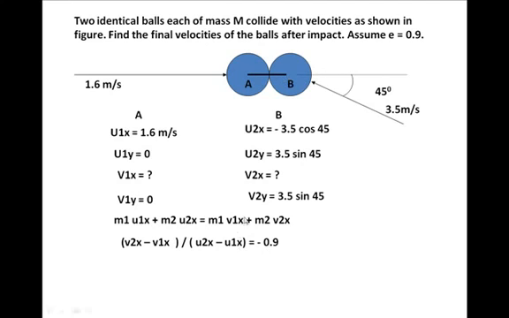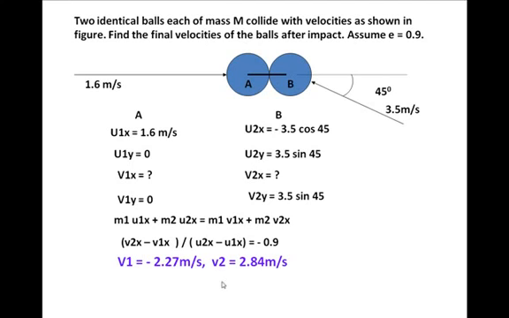So if you put in the numbers, and since all masses are same, these m's will cancel out, and we will be able to solve for v1x and v2x. And if we do that, we will get v1 as minus 2.27 and v2 as 2.84.